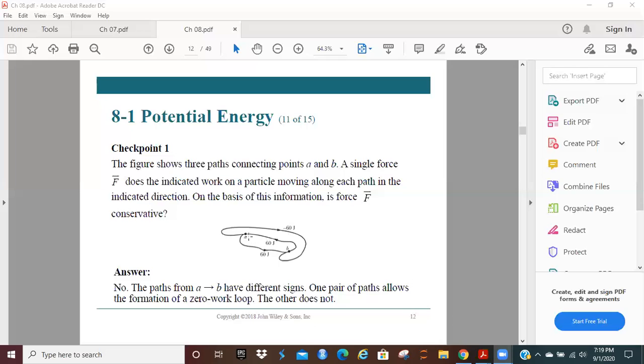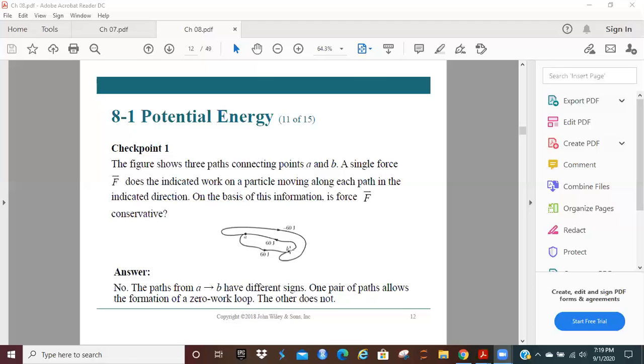Right. If I go from A to B in this direction, how much energy? Negative. That's right, it's negative 60 joules. Because of that, the path that I would take here would cost me energy, but the path going this direction, I would actually gain energy.